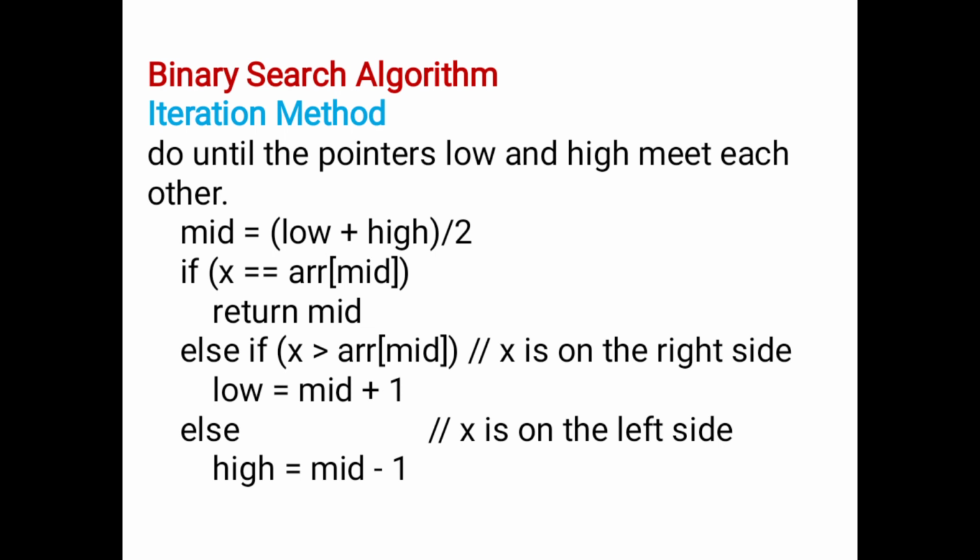Suppose you have an array of elements, first sort the elements, then mark the pointers, the lowest and highest pointers, then find the middle position, then check the conditions: exactly equal to the middle position, greater than the middle position, or less than the middle position. If any one condition is satisfied, then follow the process.